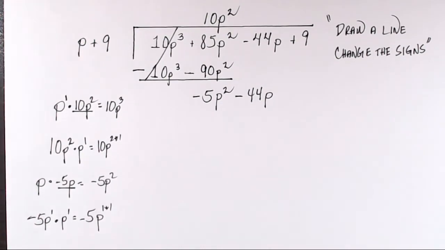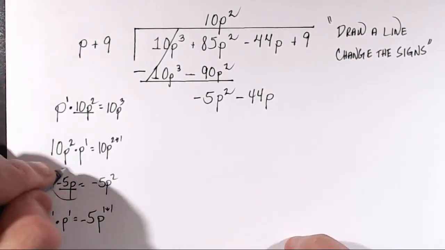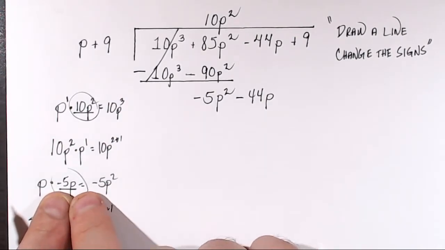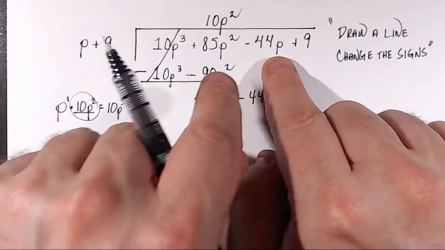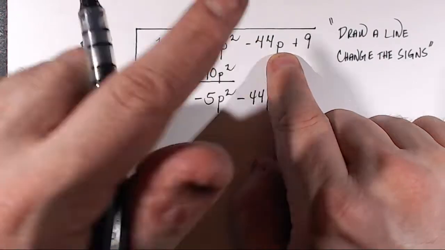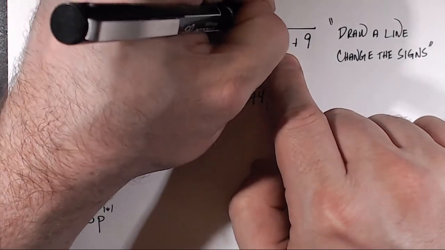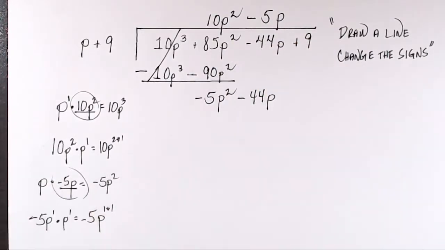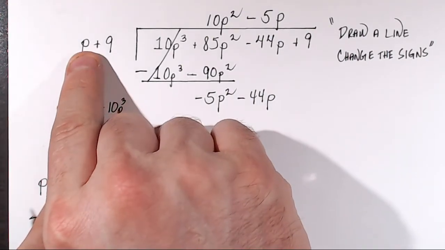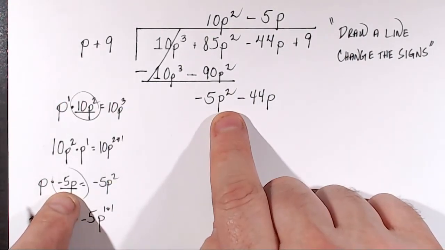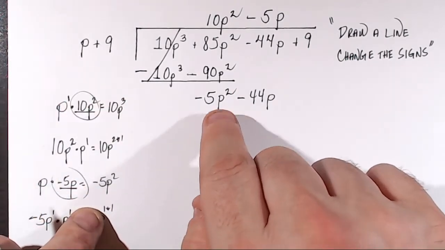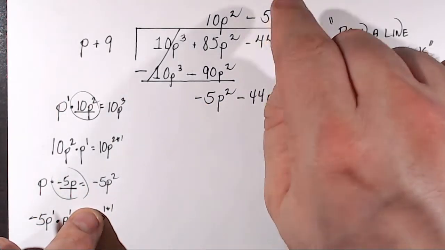So I need to put negative 5p above, because that's the number and letter I needed to multiply by p to get negative 5p squared.